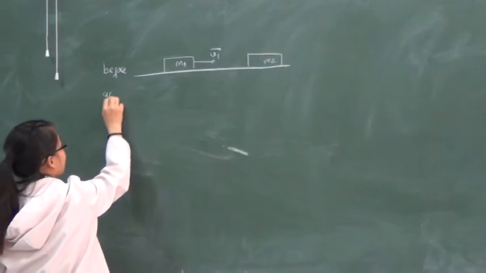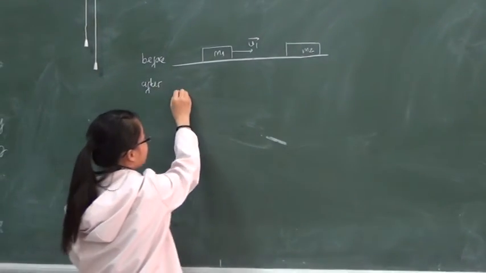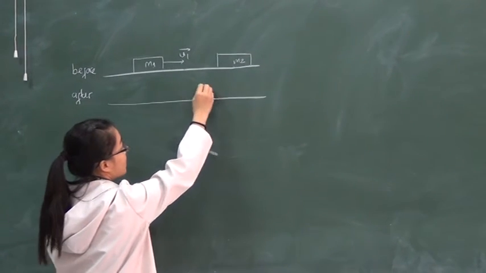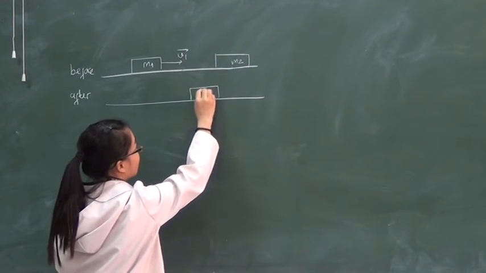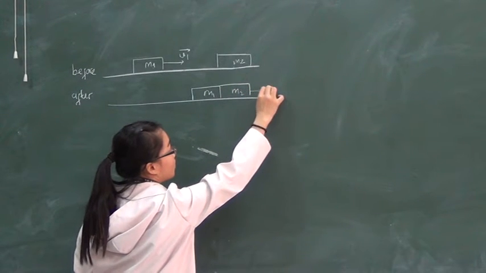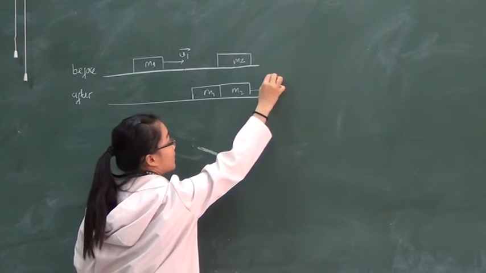After the collision, in the case of an inelastic collision, car 1 sticks to car 2, and the two cars move with velocity v.